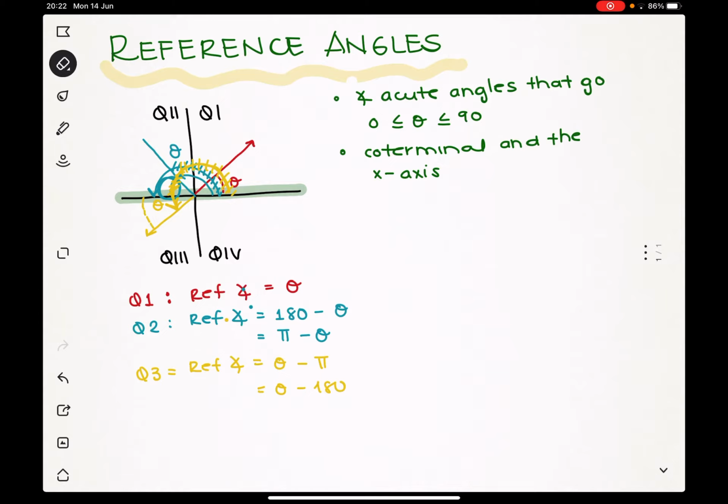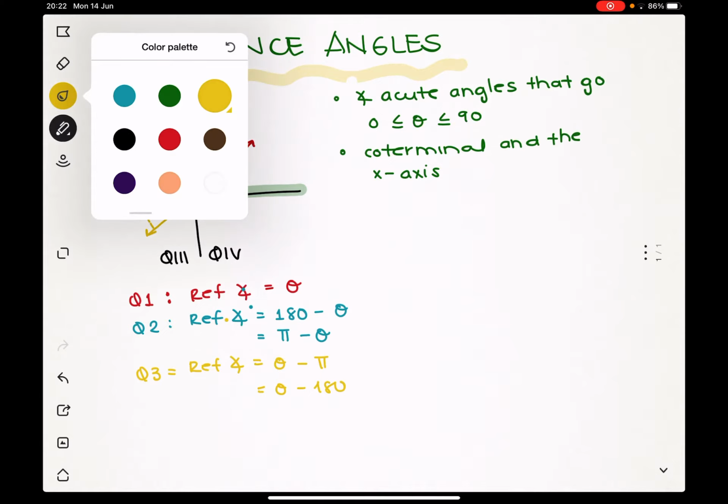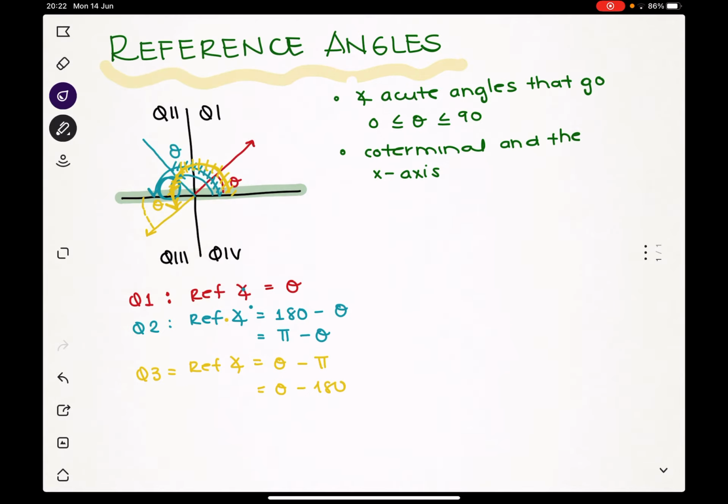And in the 4th quadrant, if I have an angle like this, my reference angle is going to be this one, right? And my actual angle is going to be this one. So in quadrant 4, my reference angle is going to be 360 minus the angle, or 2 pi minus the angle.